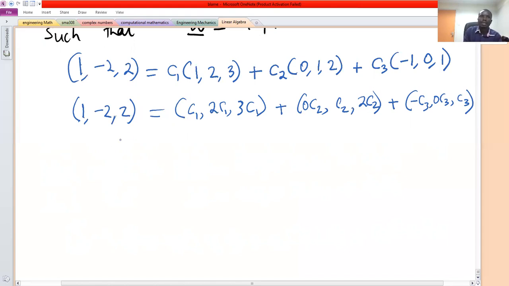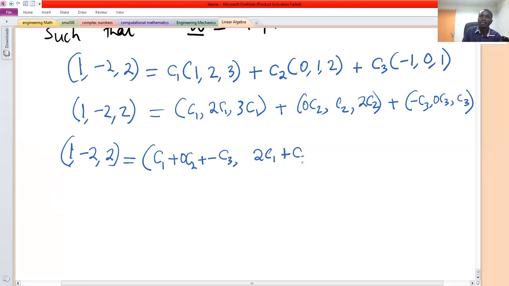So we get a sum on the right-hand side. So (1, -2, 2) would be (C1 plus 0C2 plus -C3, 2C1 plus C2 plus 0C3, and then 3C1 plus 2C2 plus C3).